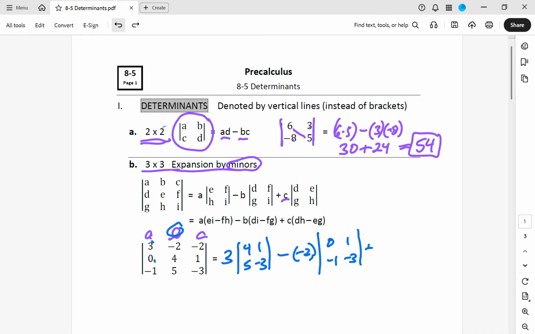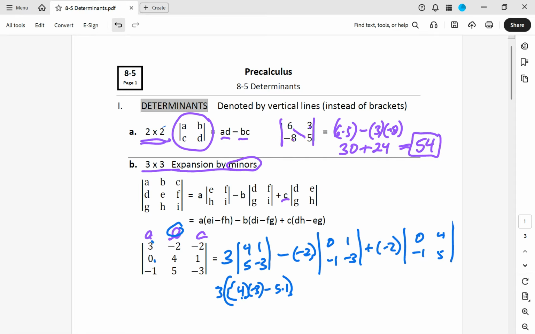Then we're going to have plus, C happens to be a negative, okay, so we'll plus that negative. And then the ones for that will be 0, negative 1, 4, and 5. Whoops, not parentheses, but rather the determinant. So what we'll do here is 3 times 4 times negative 3, and I have to do this big one, minus 5 times 1.